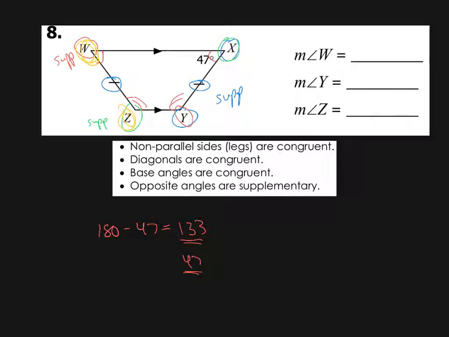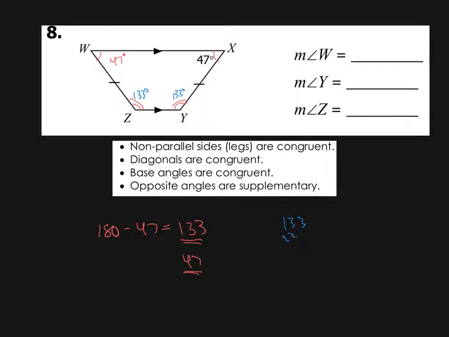So 47 is here. And then that's it. I got my two 47-degree angles. Now, my 133-degree angles are down here. And if you add 133 and 133 and 47 and 47, you should get 360, and we do. So, angle W, 47 degrees, angle Y, 133 degrees, angle Z, 133 degrees.